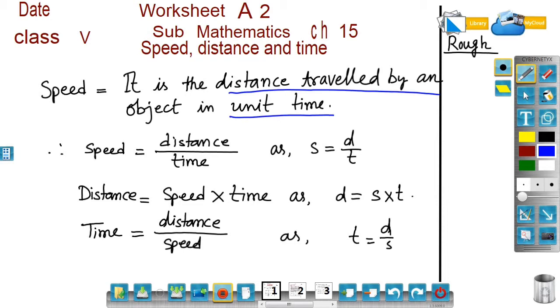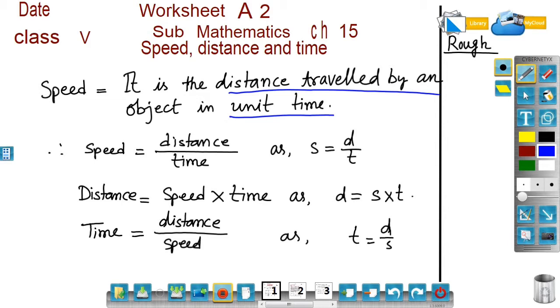That means if a body moves, then the speed of the object will be the distance travelled in 1 second or 1 hour or 1 minute. So for unit time, if some distance is travelled, then it is called the speed of the object.